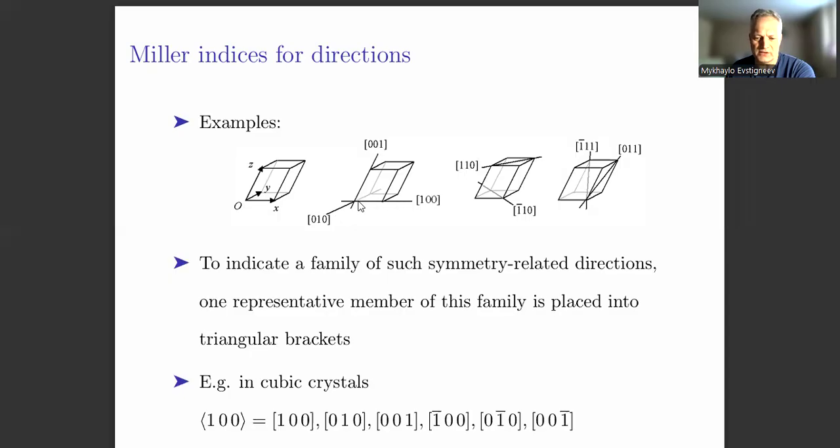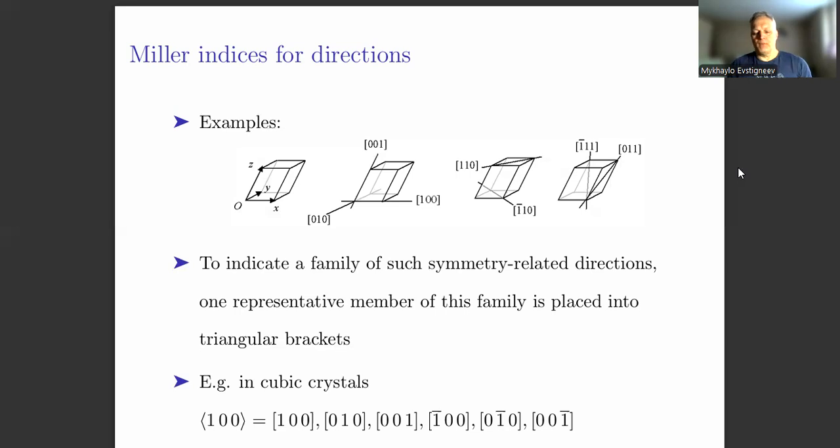So this is the translation vector A. You make one step in the direction of the translation vector A and do not move in the direction of the translation vector B and translation vector C. This one here is -1, 1, 1. So -1 step against the translation vector A and +1 step along the B vector and +1 step along the C vector. Let's say this is B and this is C.